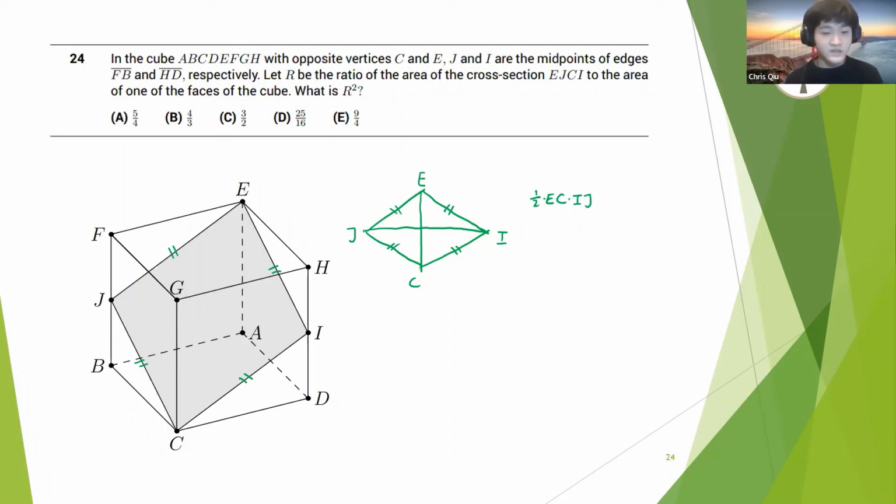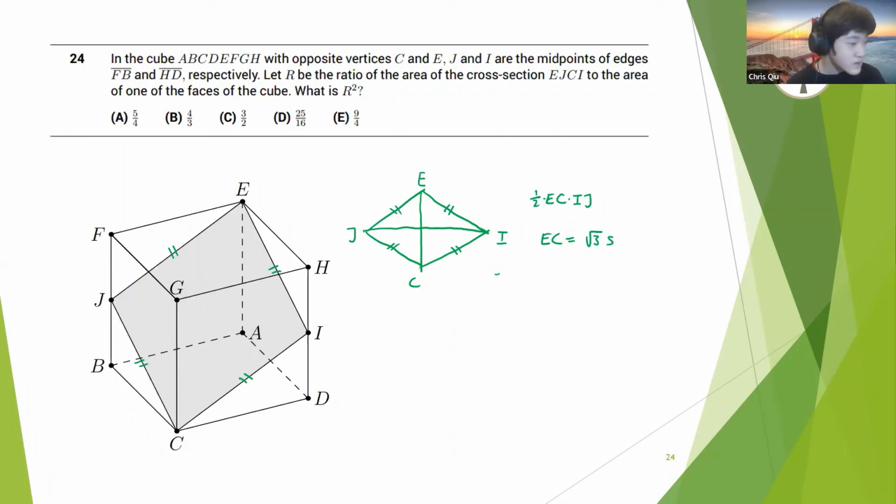And we can find each diagonal's length. For example, in this picture, EC is a space diagonal of this cube. So the length EC is equal to √3 times the side length of the cube.